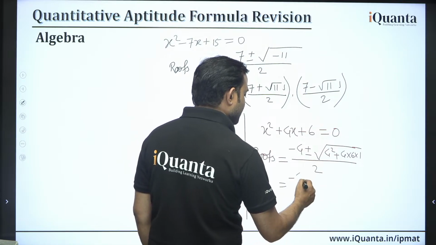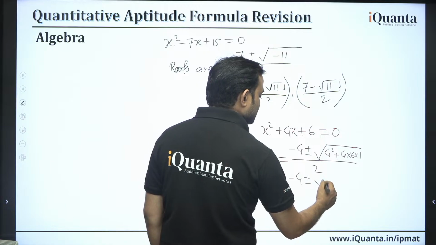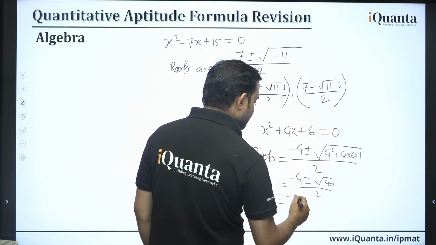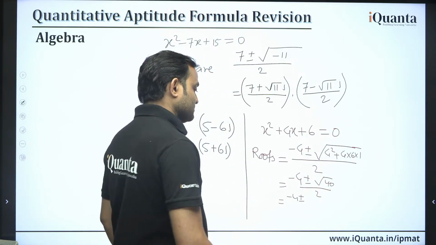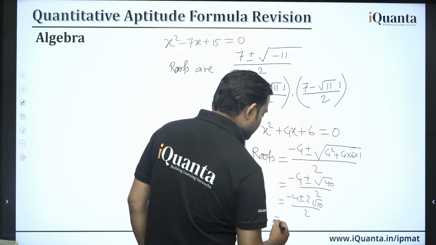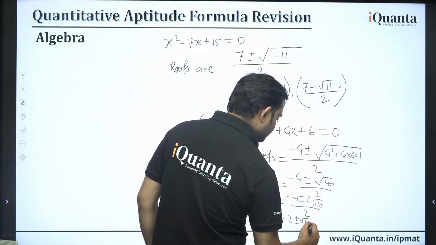which will be equal to -4 plus minus, this will be 24 plus 16, 40, square root of 40 by 2, which we can write -4 plus minus, 40 is nothing but 4 into 10, so this I can write 2 root 10 by 2, which will be equal to -2 plus minus root 10, है ना.